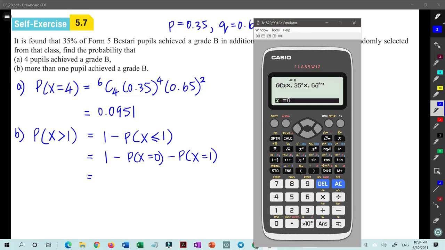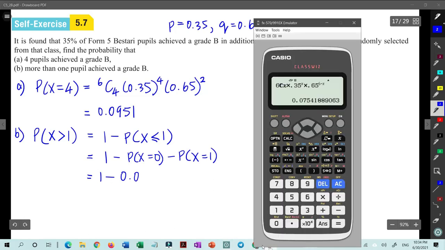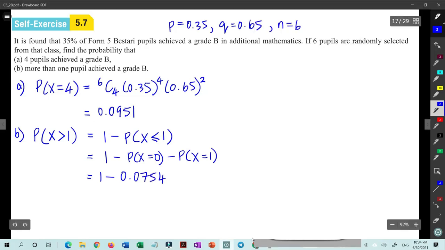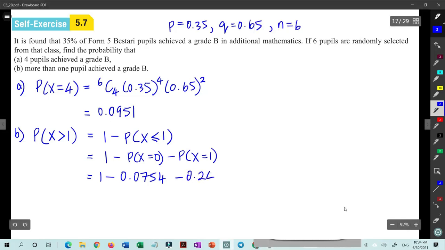So when x is equal to 0, we get 0.0754. And x equal to 1, we get 0.2437.